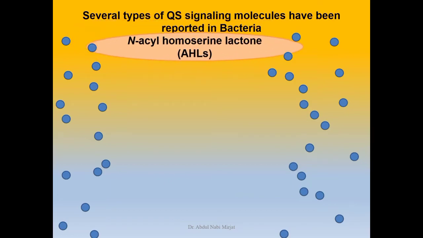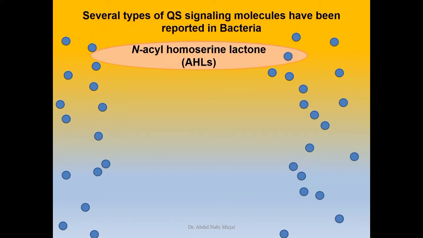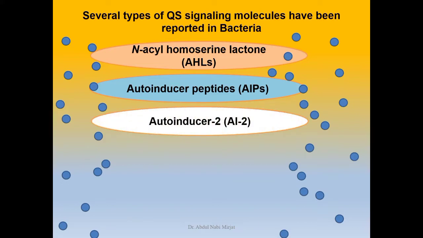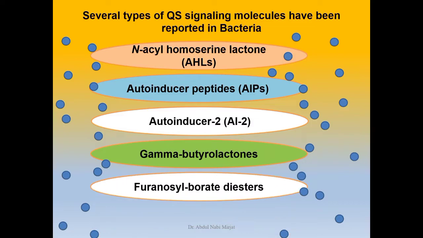For example, N-acyl homoserine lactone, autoinducer peptides, autoinducer 2, gamma butyrolactones, furanosyl borate diesters and quinolones. These are all different types of chemicals that are produced and utilized by different types of bacteria as quorum sensing signal molecules.